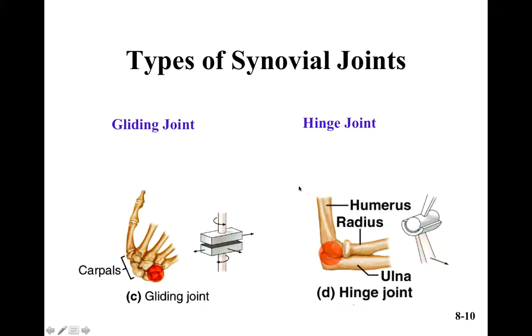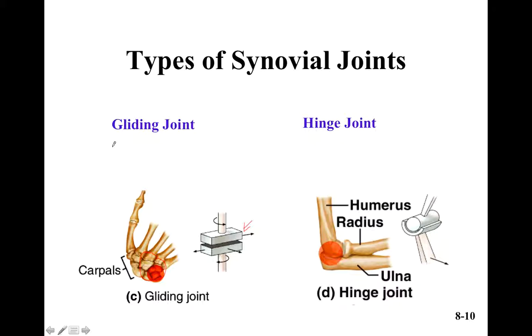Other types of synovial joints, you have the gliding joints. Gliding joints have flat articular surfaces. So the articular surfaces are flat. And these ones would be between your carpal bones, so the bones in the wrist, your tarsals, the ones in the ankle.